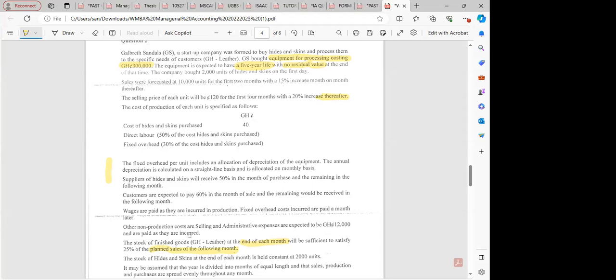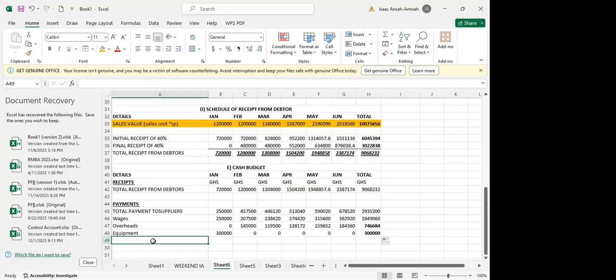That's based on the question. So we have to report 12,000 for the periods under consideration. So here will be selling and administration at 12,000.